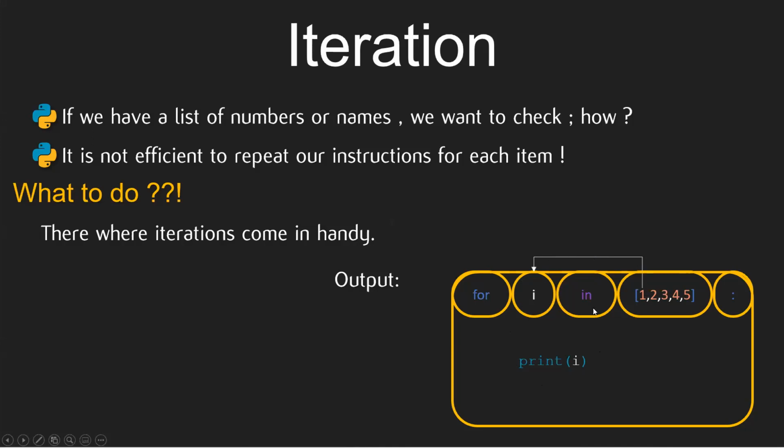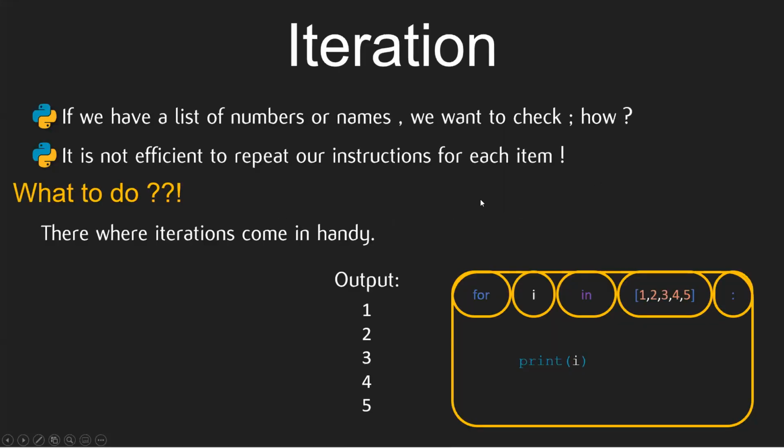So now i is equal to 1. Then i will be printed, 1. This is the output. And so on. Then 2 also will go to i, and this is the output. And so on, 4 and 4, until we reach the final item inside our list. This is what we call a for loop.